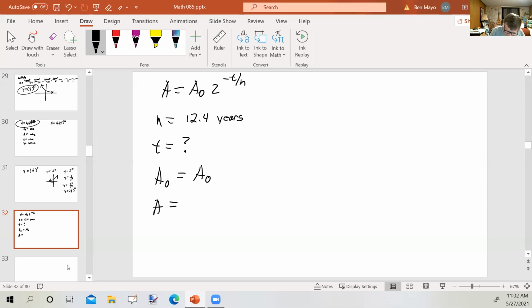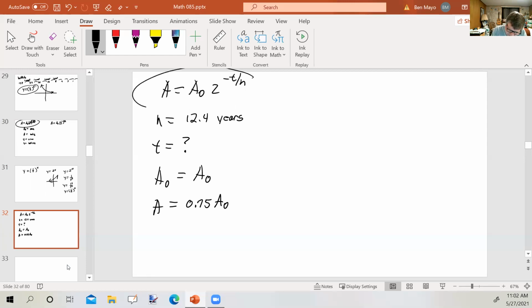So we're going to end up with 75% of the amount we started with. 75%, 3/4, 0.75, okay? So the ending amount, A, is 75% of the starting amount. This way, I don't need to know the specific starting amount, and I can still solve the equation.